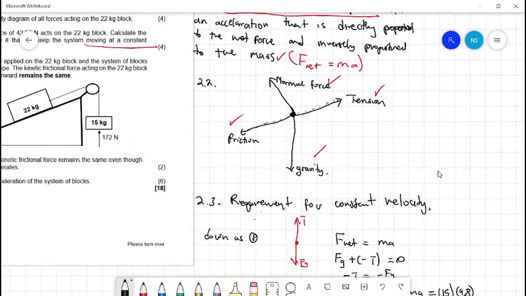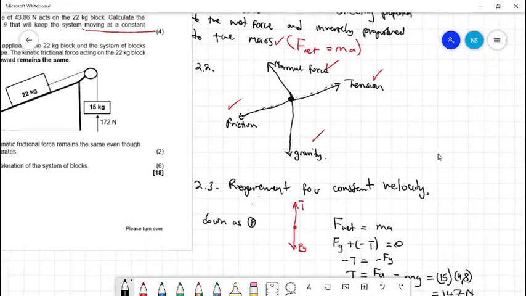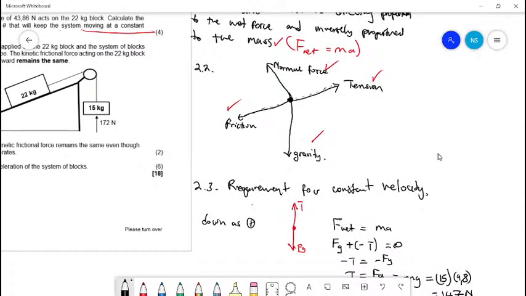Then we're just going to substitute our F net. For F net, you must always use the forces that are in line with motion. This motion is up the incline, so the forces included in your F net are those in the same line as the motion.